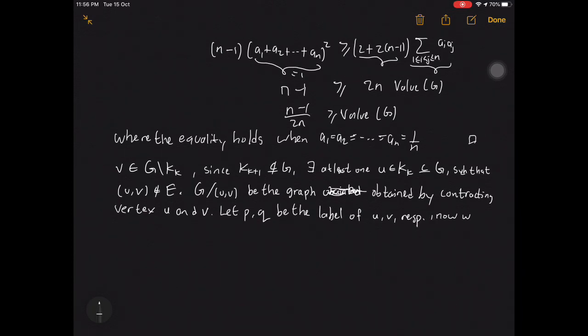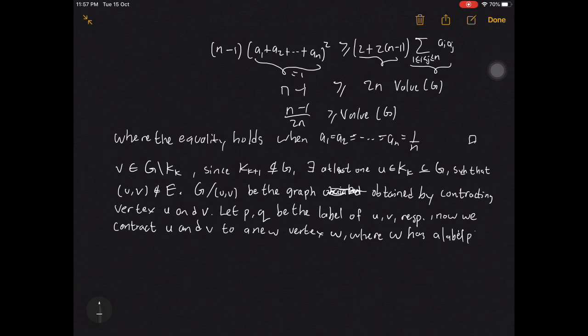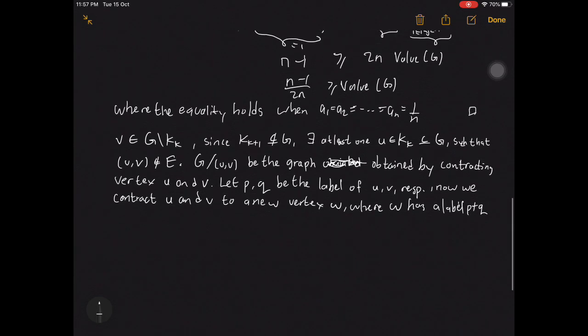Now we contract U and V to a new vertex W, where W has the label P plus Q. And what is the set of neighbors of W?